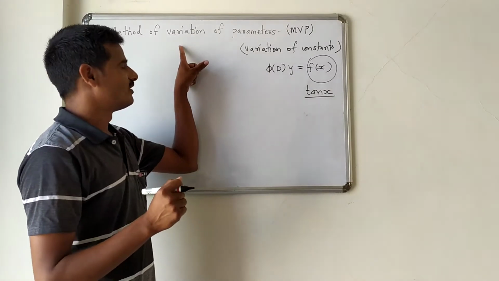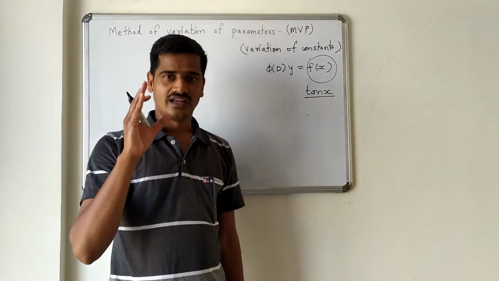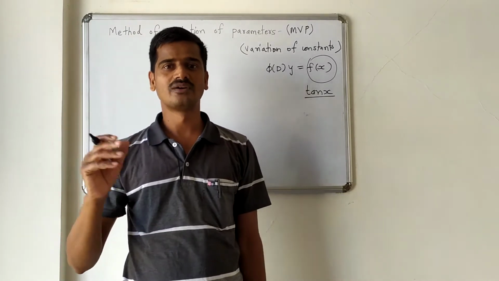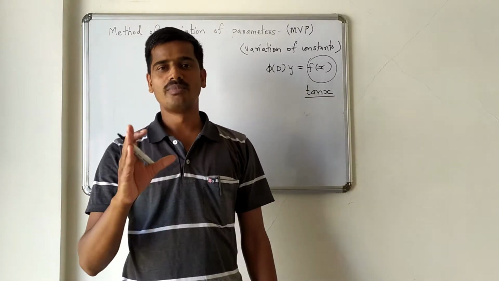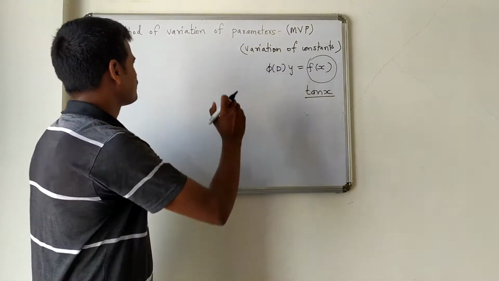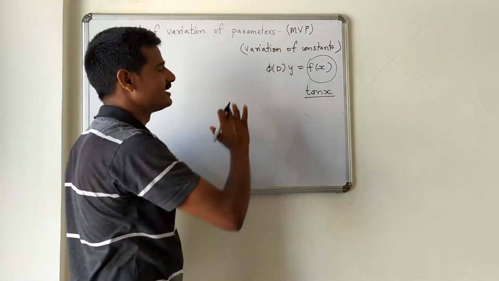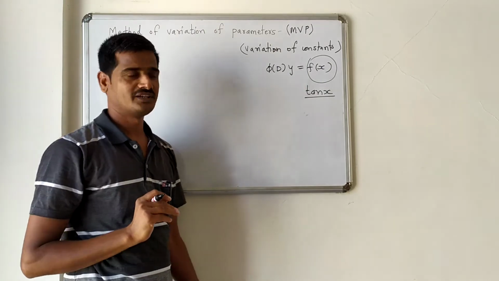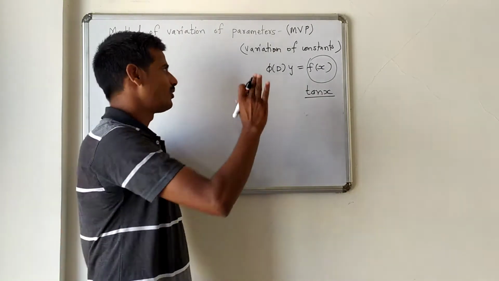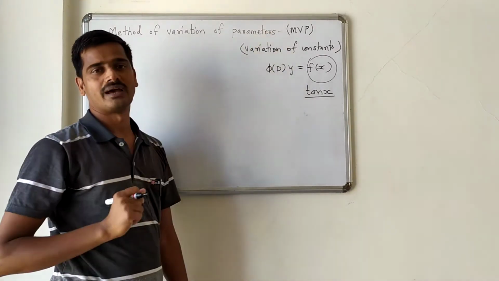This method works for LDE with constant coefficients as well as variable coefficients, provided the complementary function is either given or known. For a second order linear differential equation, I will explain how to find the particular integral with the help of the method of variation of parameters.